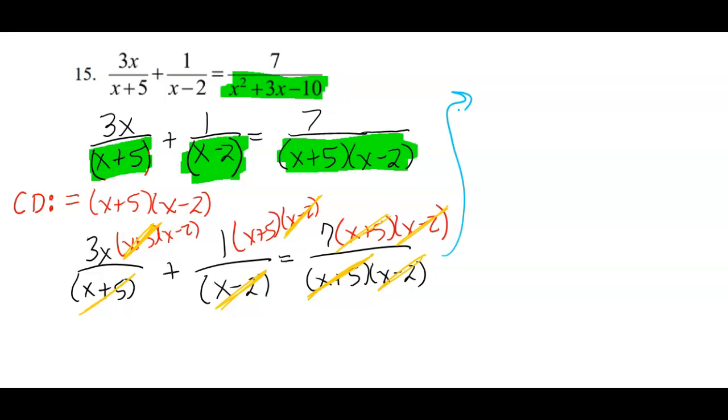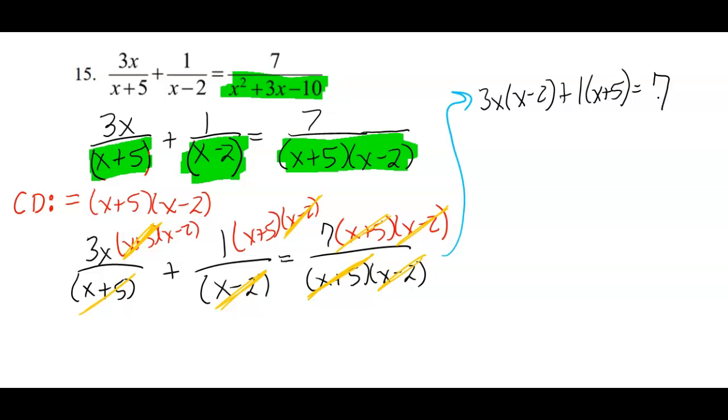Again, it's pretty common for people to go ahead and sort of multiply through at this point, but just to be clear what I now have. So my first fraction turned into 3x times x minus 2. My second fraction is 1 times x plus 5. My third fraction reduced out a lot of the factors, so the only thing that's left over there is 7.